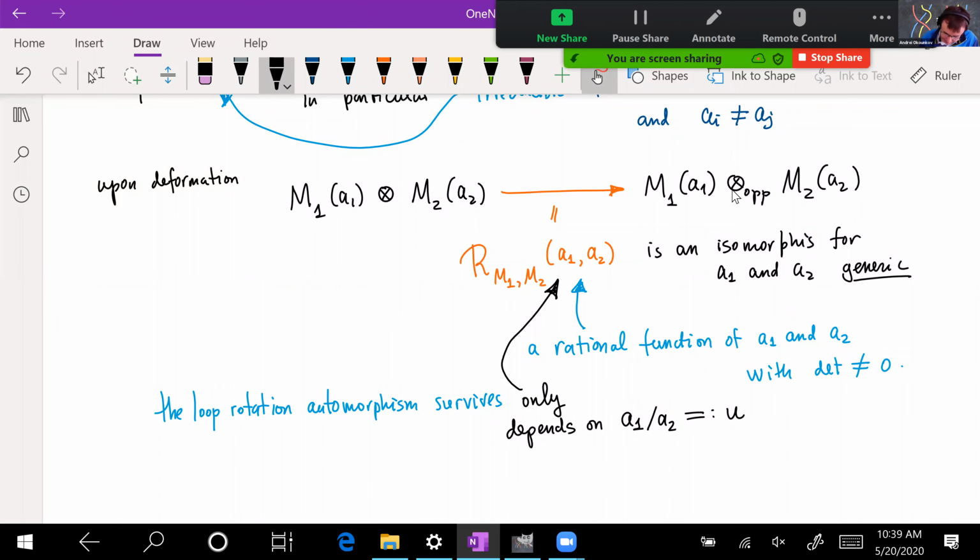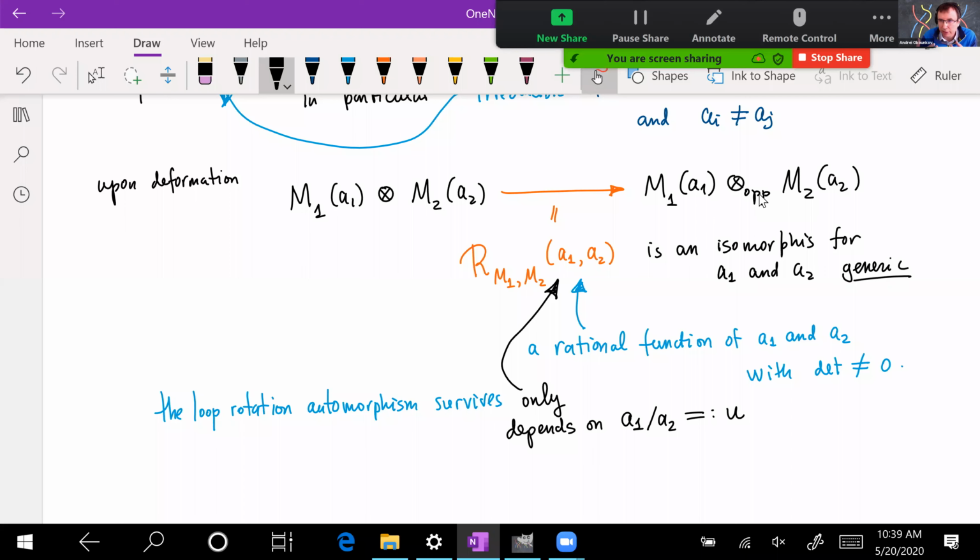So maybe to explain where we're going, I'm explaining that for this deformation that we have in mind, there's a certain structure, and I'm not proving now that the structure exists.